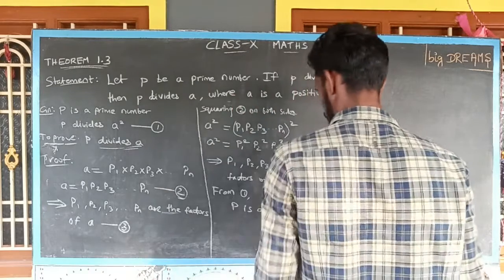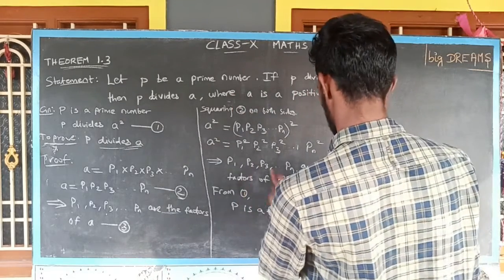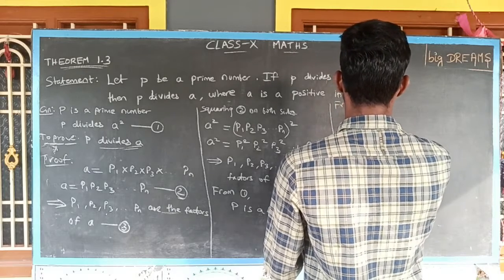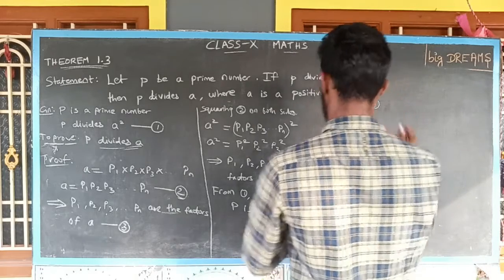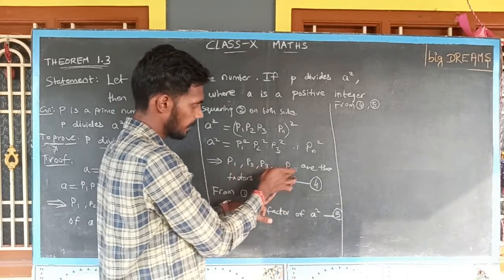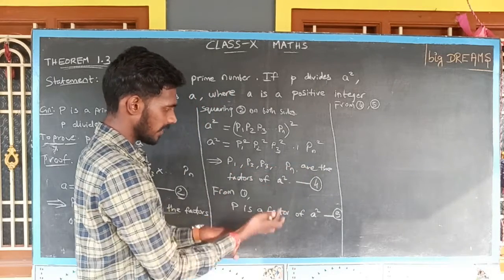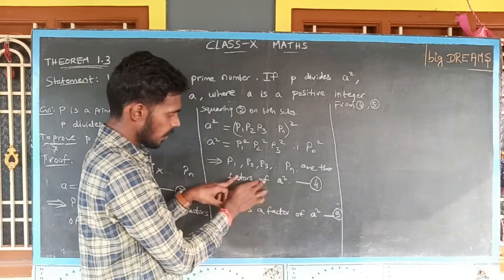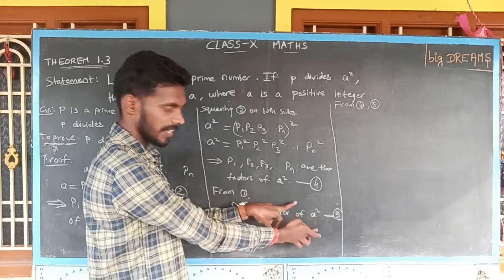Then see here, from steps 4 and 5. Step 4 states that P1, P2, P3 up to Pn are the factors of A square. Step 5 states that P is a factor of A square. So both are factors of A square.